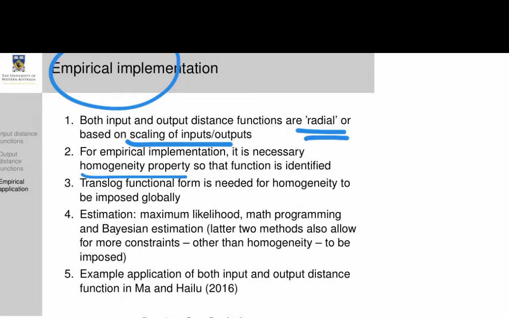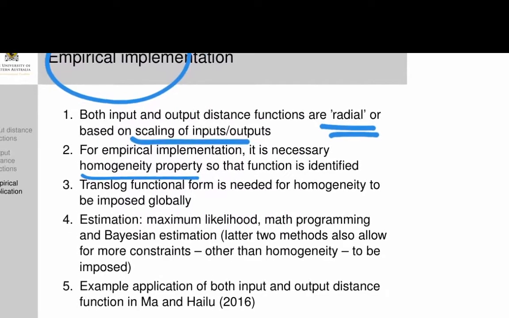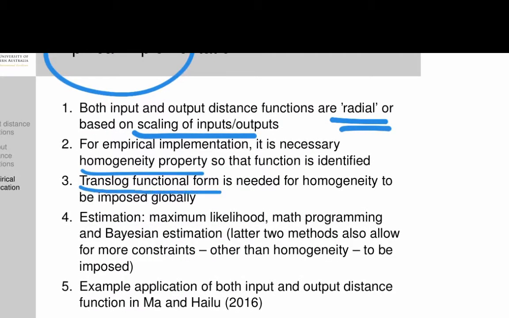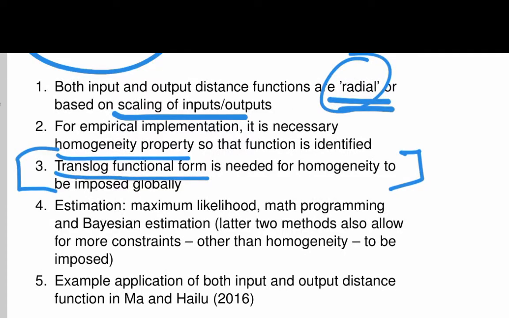And as in the case of cost and profit functions, there are very easy ways of implementing this property so that it's satisfied by the estimated functions. And imposing this property also means there is some implication for functional form, and in particular we can use a translog to impose the homogeneity property globally, and that means we have to be using the translog if we are doing radial distance functions.